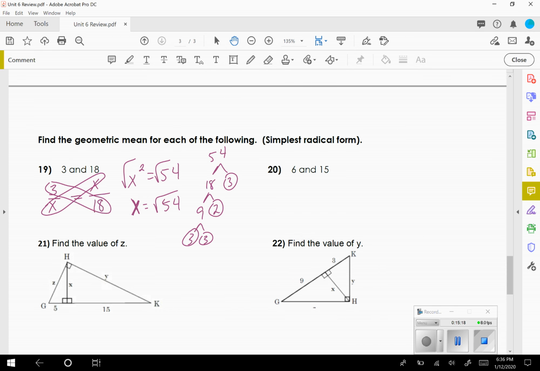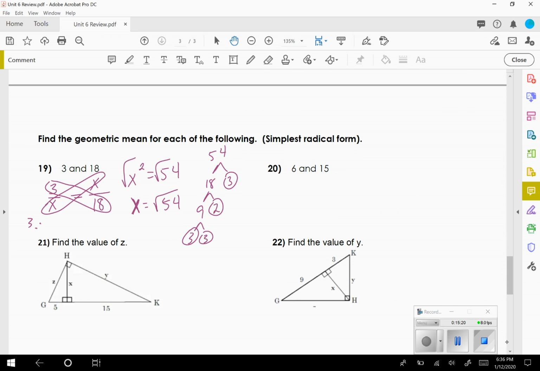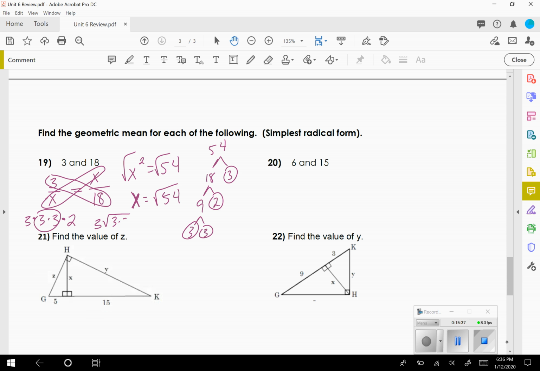So we have 3 times 3 times 3 times 2. Okay, so we have a pair of 3, so that's going to come out. So we have 3 in square roots, and we have a 3 and a 2 left. So it's 3 square roots of 6.